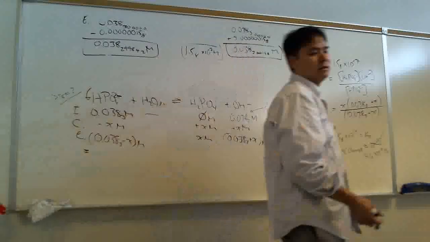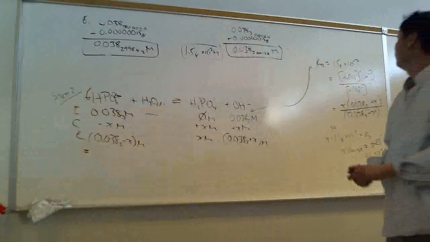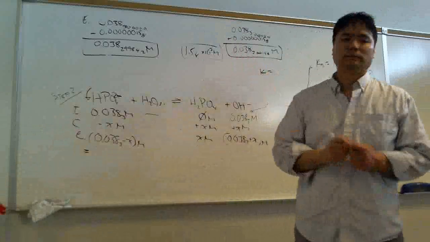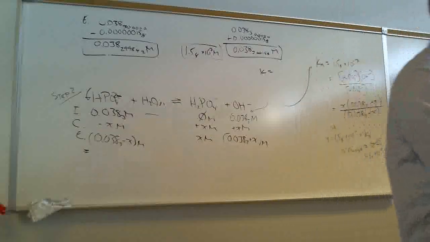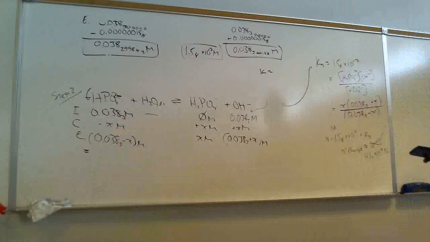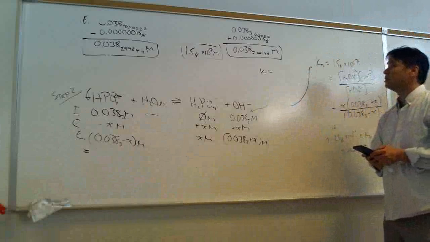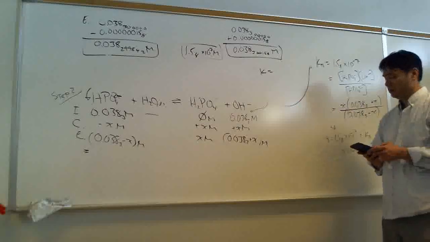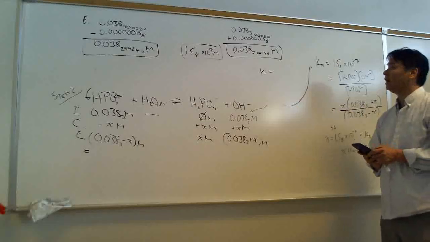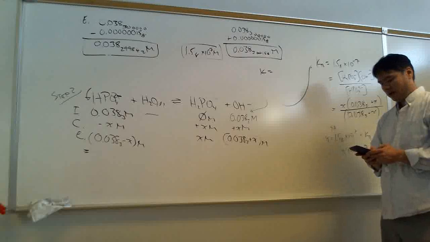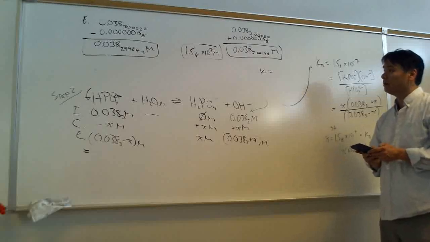And so, does this check out with the K value? Let's check out the K for this. 1.58 times 10 to the minus 7 times 0.0383000158 divided by 0.0382994842.